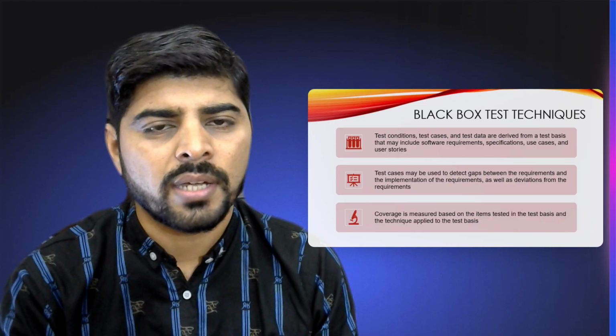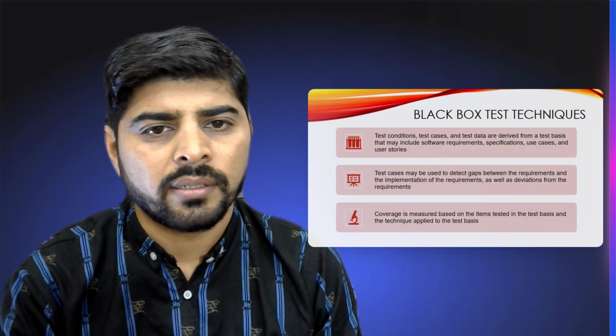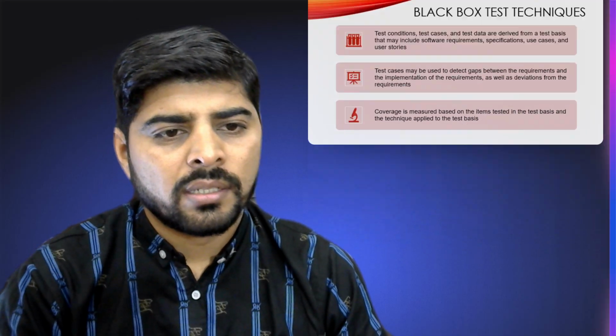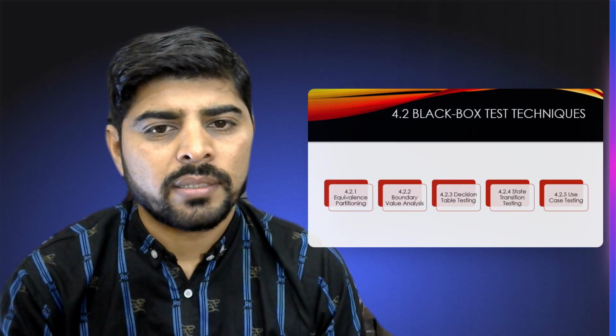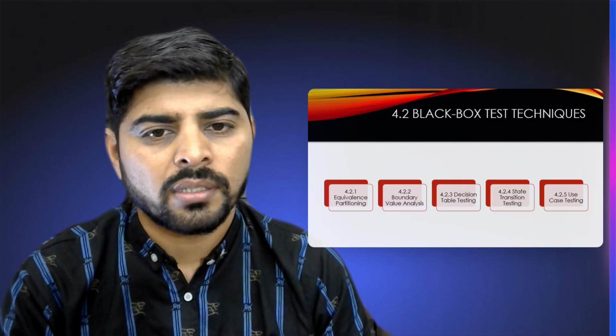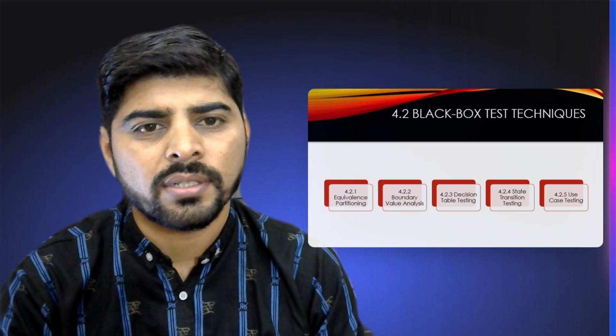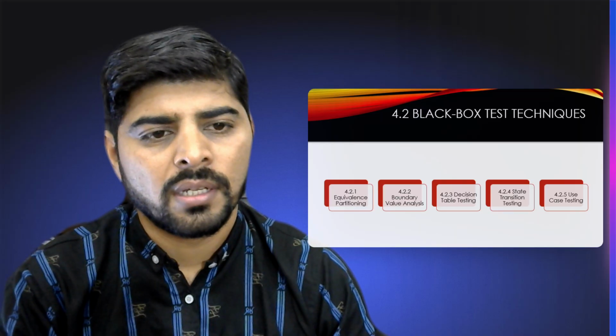For example, if we are at unit level, then there will be different coverage techniques we will discuss later on. In black box test techniques, we have equivalence partitioning, boundary value analysis, decision table testing, state transition testing, and use case testing.